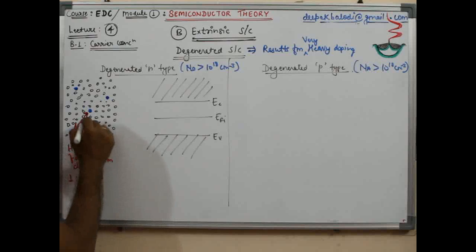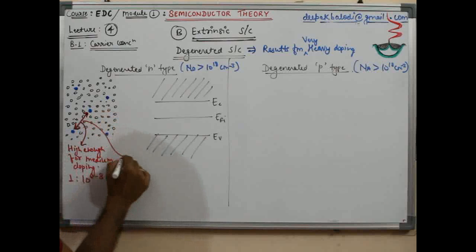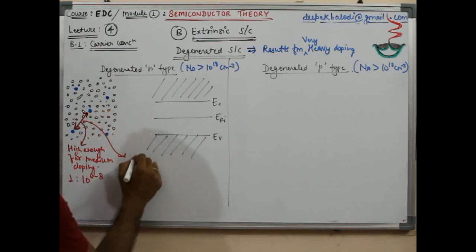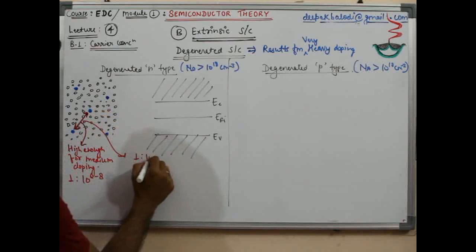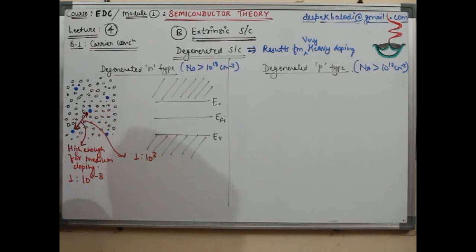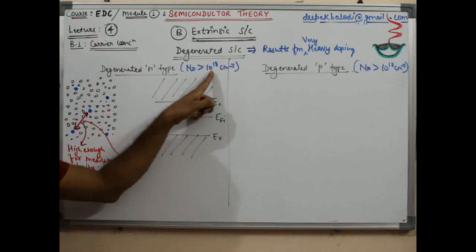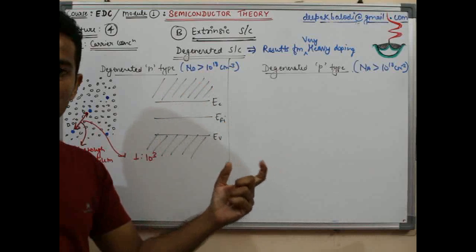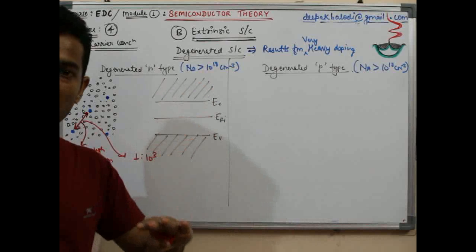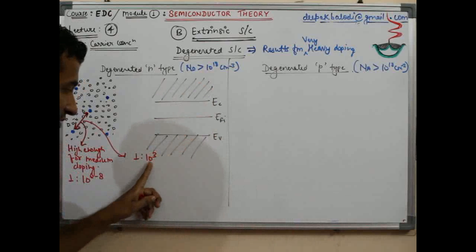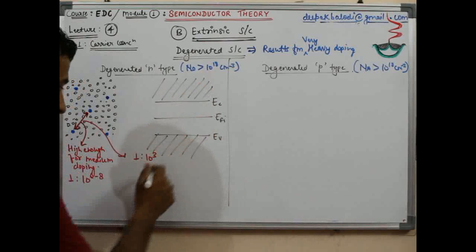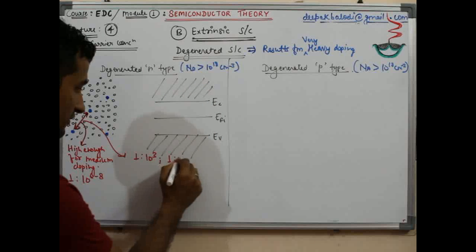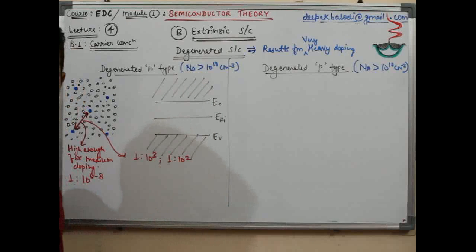But when we do 1 out of 10 to the power 3, that means 10 to the power 19, because the total atoms of silicon are 10 to the power 22. So out of that we are doping 10 to the power 19. That out of 10 to the power 3 silicon atoms we are doing 1, or let's say 1 out of 10 to the power 2 of silicon.